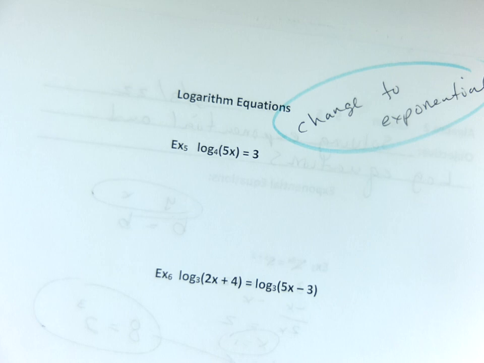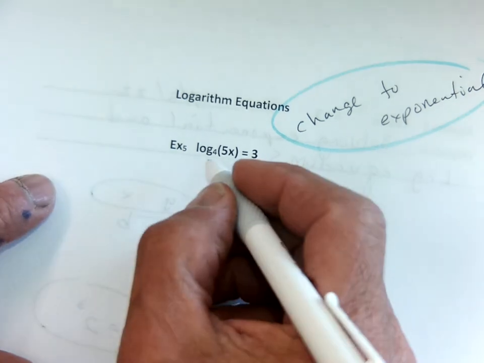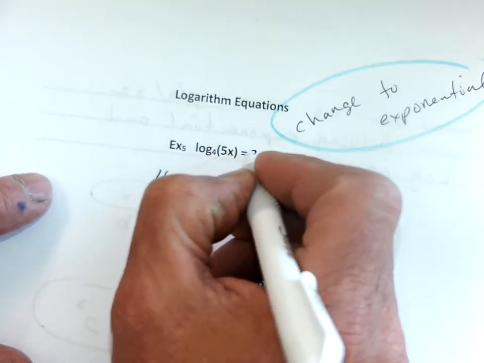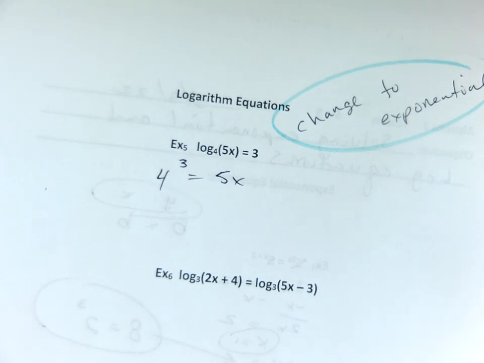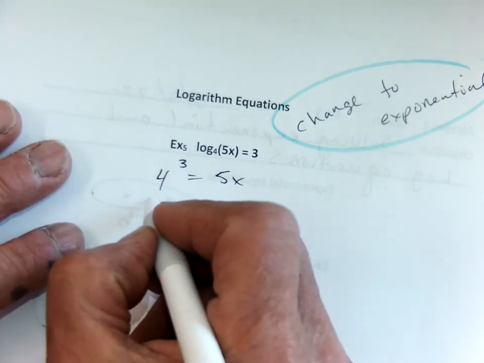Okay? So there's my base of my exponent, right? So we're going to rewrite this as 4 to the third power equals 5x. Okay? And then 4 to the third power is 64.